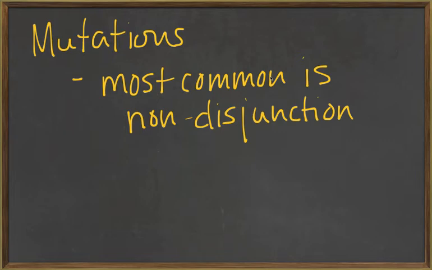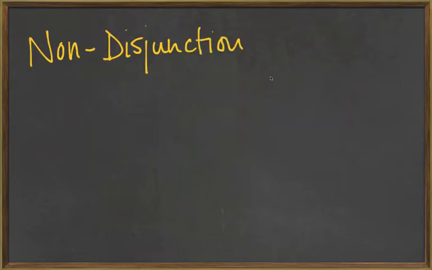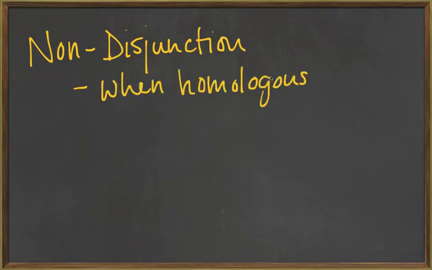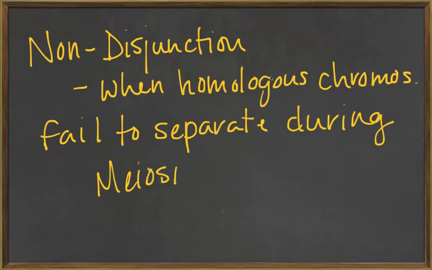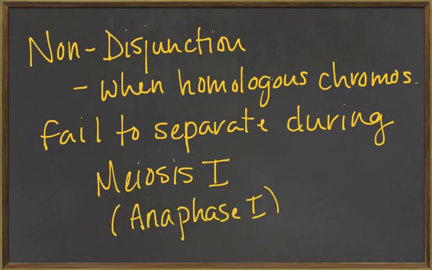What non-disjunction is, is when homologous chromosomes fail to separate during meiosis 1. So anaphase 1 doesn't go as it is supposed to. So I'll put this down in parentheses. When I go to separate my tetrad, when I break up my homologous pairs, something doesn't happen and it does not split the way it's supposed to. And that would occur in meiosis 1, specifically anaphase 1.